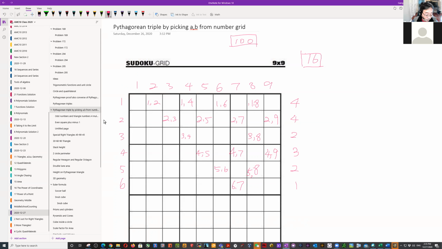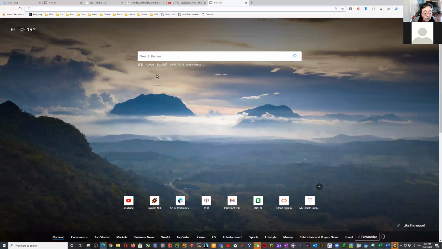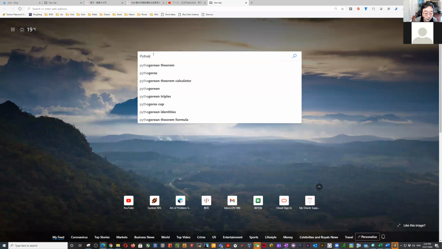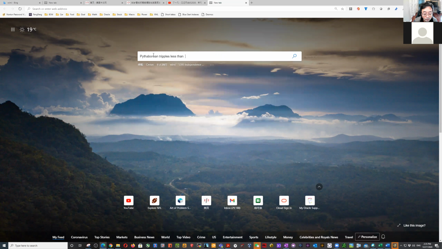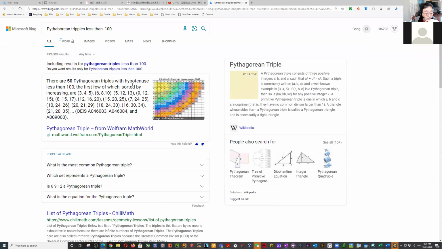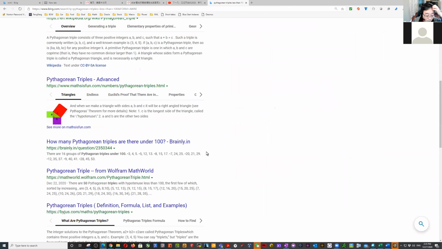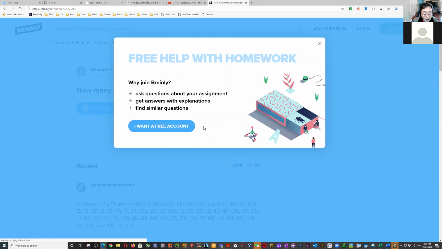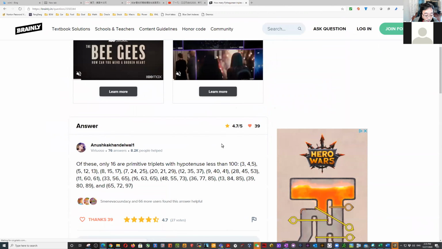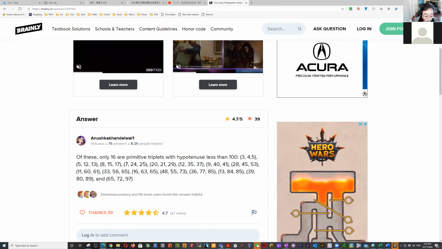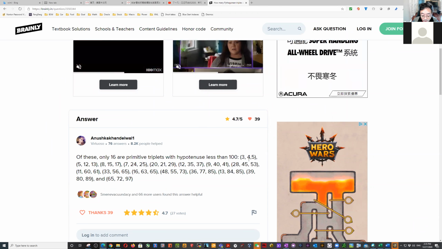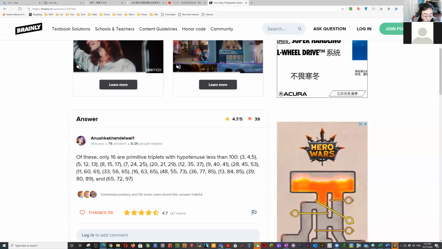Let's say that, so there are 16 groups of the Pythagorean triples less than 100. These are called primary triples, actually primitive triples. Primitive triples are triples where the three numbers are co-prime.